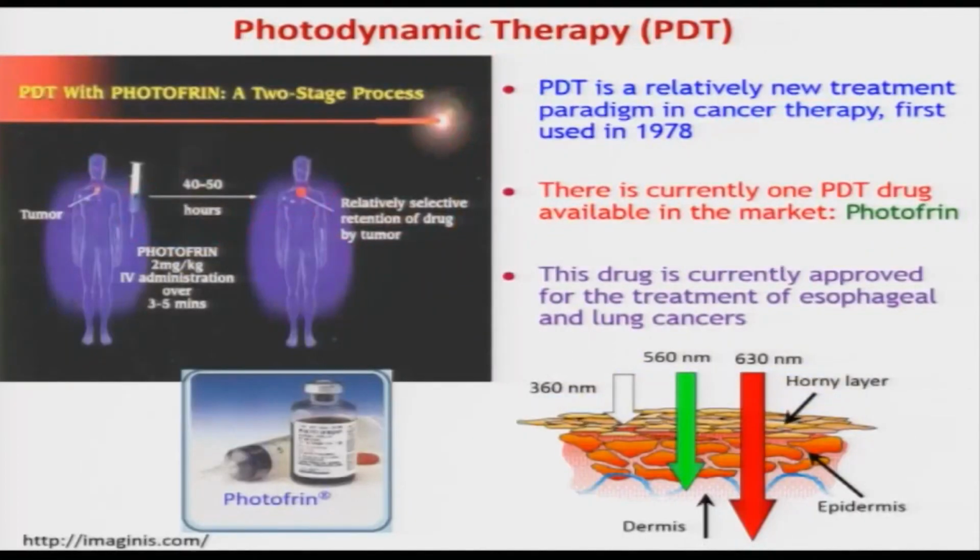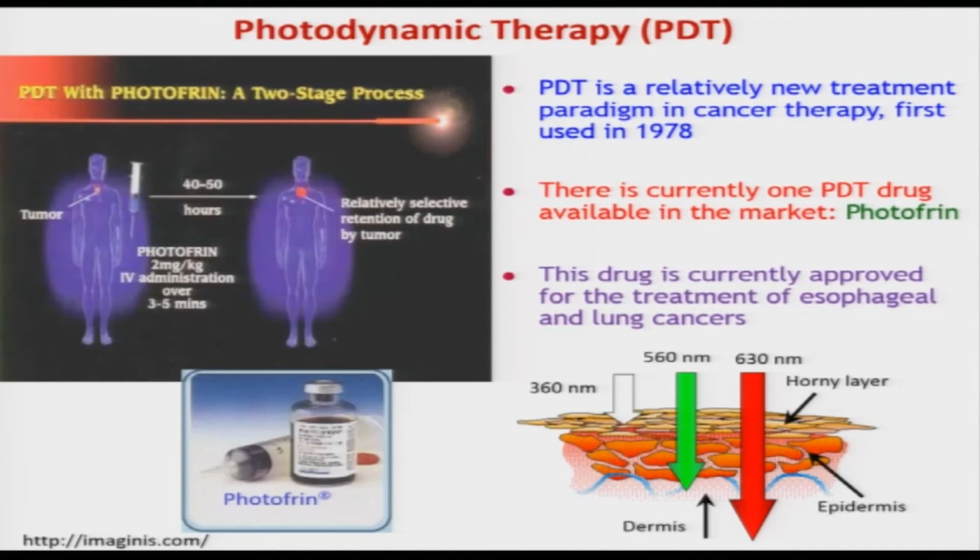I will now talk a little bit about photodynamic therapy. PDT is a relatively new treatment in cancer therapy, first used in 1978. There is currently one PDT drug available in the market, photofrin, and this drug is currently approved for the treatment of some cancers. As you can see, one needs to inject this drug, and this drug accumulates selectively in the tumor cells.